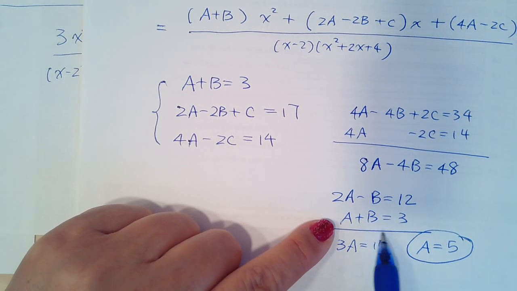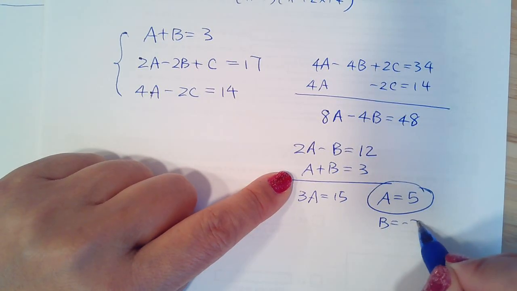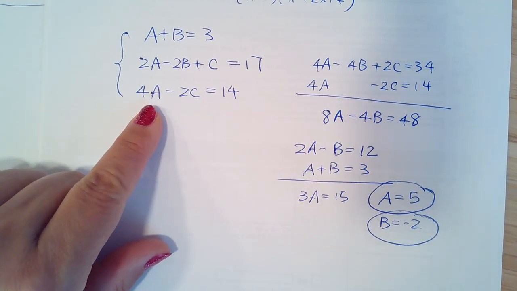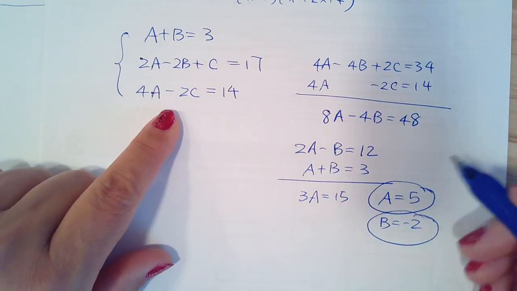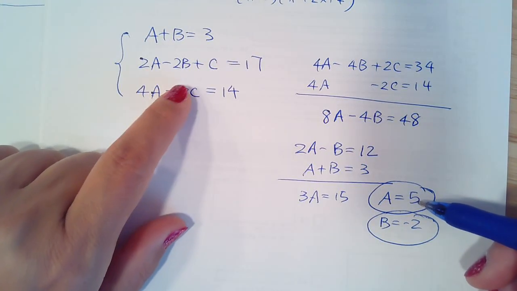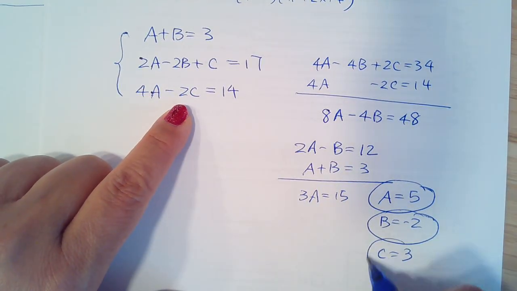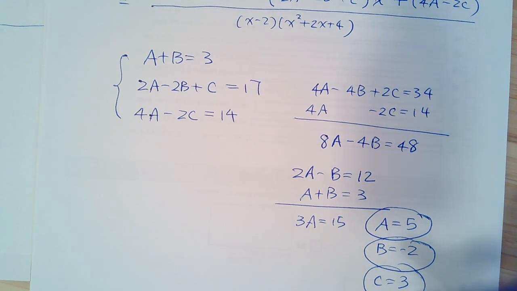And a plus b is 3, so my b has to be negative 2. And 4a minus 2c is 14. 4a is 20, 20 minus 6 is 14, so my c should be 3 because 2 times 3 is 6.